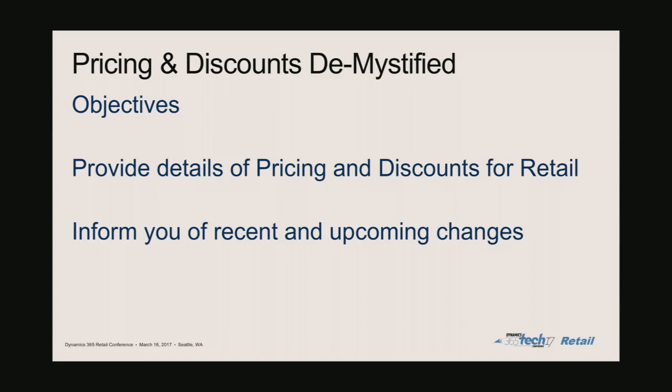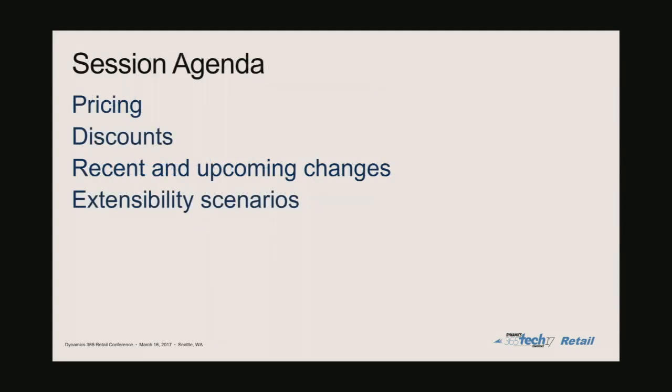So the two things I want to do is give you some details on how the pricing engine works, and then I want to show you and tell you about changes that are upcoming, and actually some that we've recently made since I gave this talk last year. To do that, I'm going to cover pricing for a little bit, then I'll cover discounts for a little bit, and then we'll spend some time on the recent and upcoming changes.